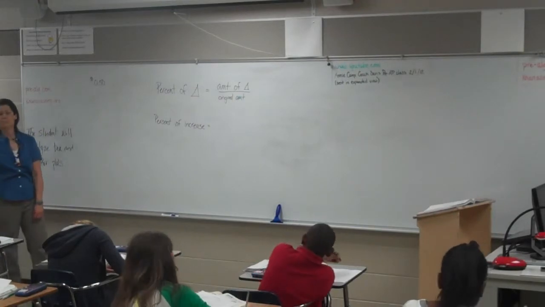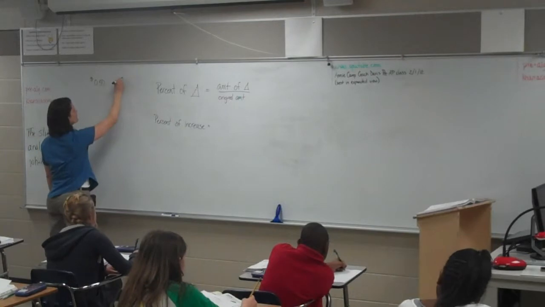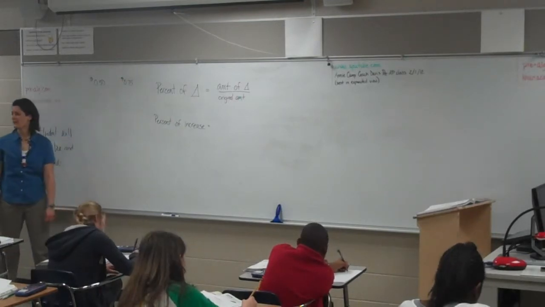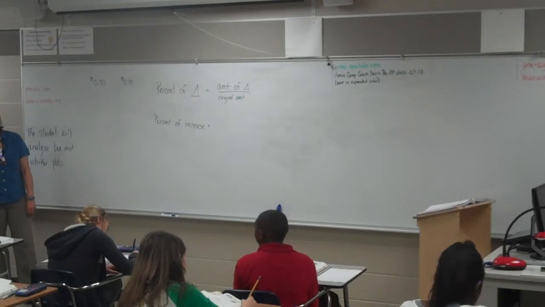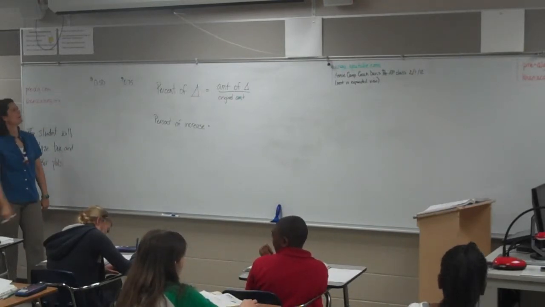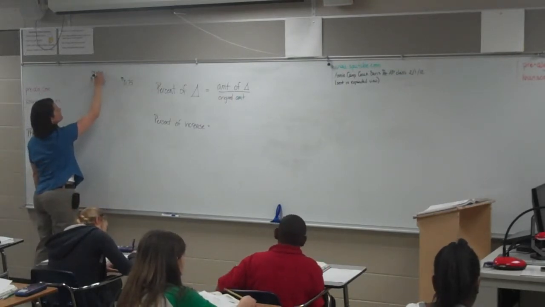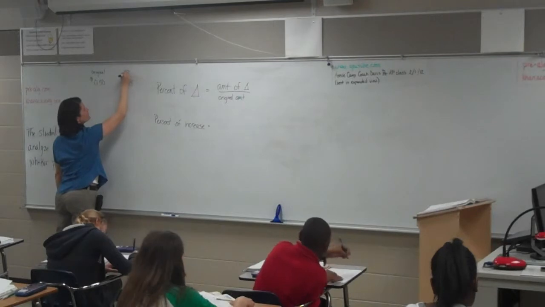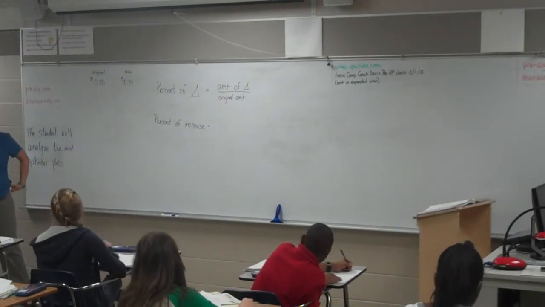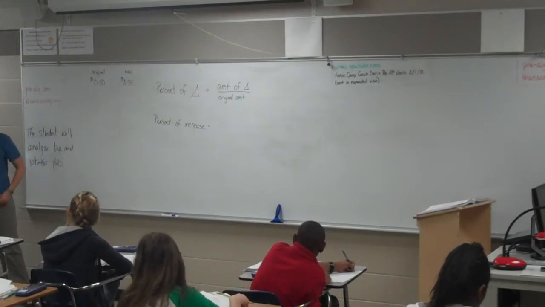You go back a week later, and all of a sudden it is $2.75. We're not going to jump that high, but this happens. So this was the original amount a week ago. This is the new amount. Did that go up or down? It went up. So we are going to find a percent of increase.